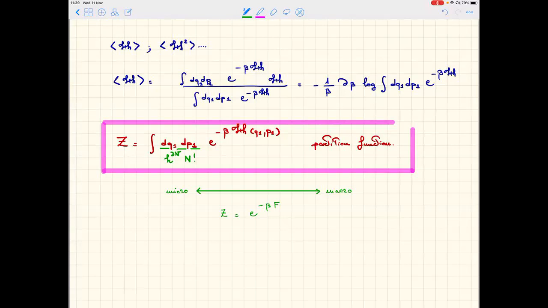So the connection comes through stating that the Helmholtz free energy is equal to minus kBT log of Z. This is the connection between microscopic physics and macroscopic physics in the canonical setting. And now the first thing we have to do is to prove that this connection is actually meaningful.